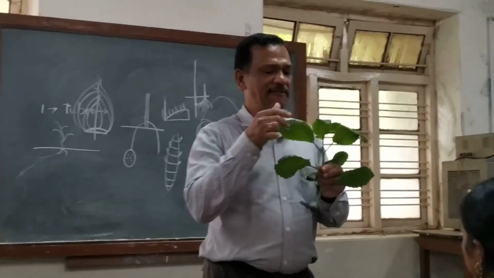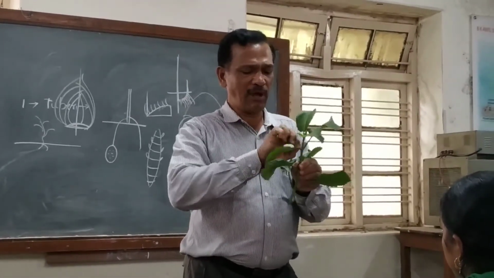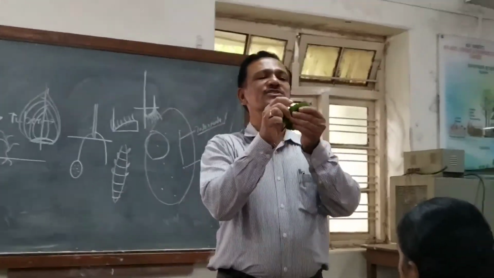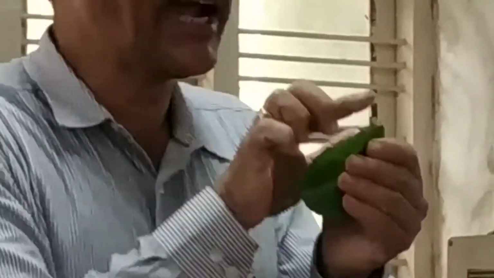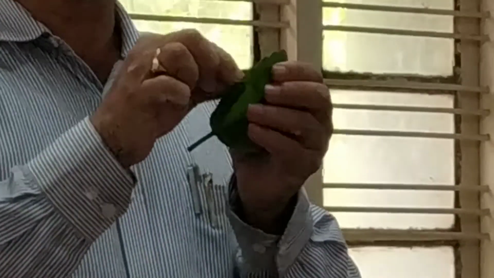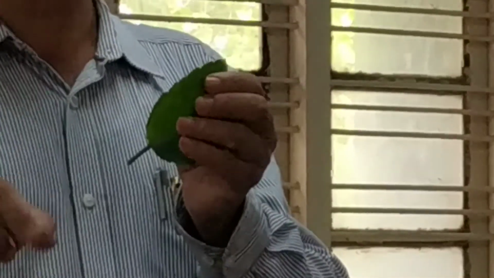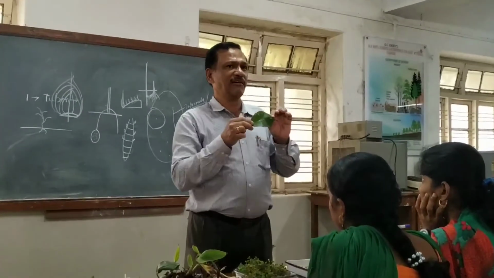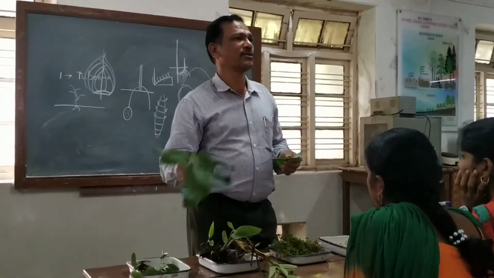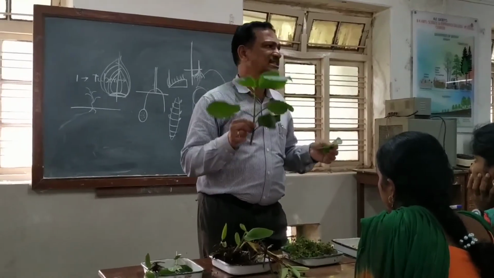If you put this leaf in the soil, from all these marginal regions where you get the notches, at each and every notch, you will get one new miniature plant. And if you cut the leaf piece and put this leaf piece in the soil, you will get a brand new plant. So this is a very affordable method to propagate this bryophyllum on large scale.